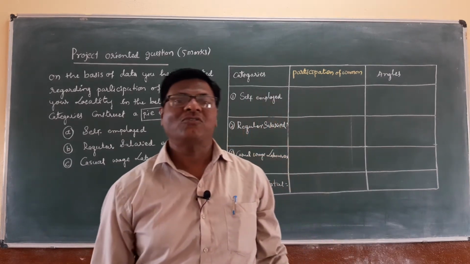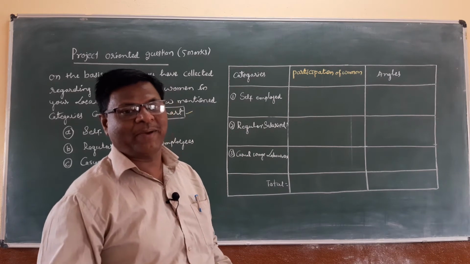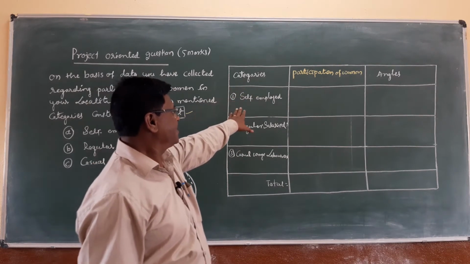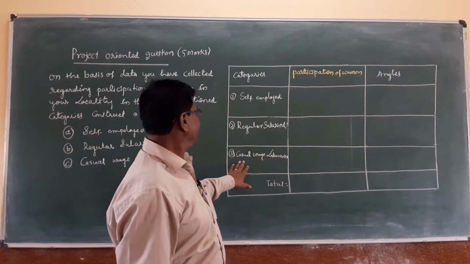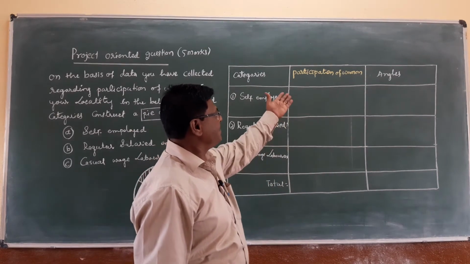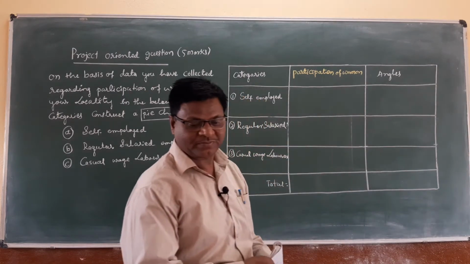First of all, to draw a pie chart you make a table. There are 3 categories: self-employed, regular salaried employees, and casual wage laborers, and total, the participation of women, and the angles.